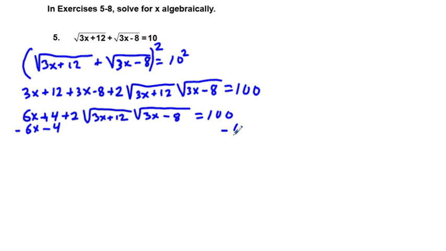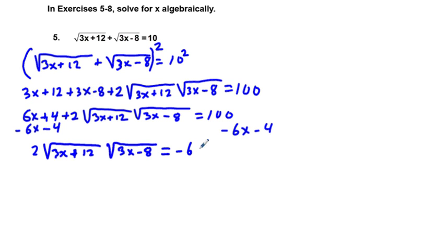From the right side, we got to subtract 6x and 4, and we're going to end up with, on the left side, 2 times quantity 3x plus 12 times quantity 3x minus 8 is equal to negative 6x, and 100 minus 4 is going to be plus 96.